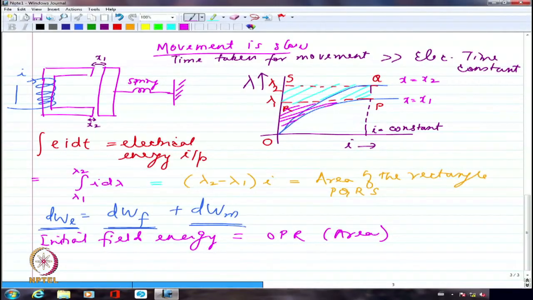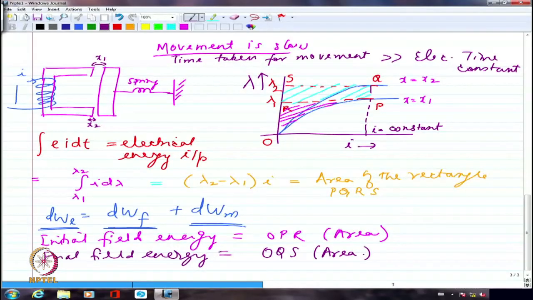Whereas the final field energy is going to be OQS. This is the area representing the final field energy.